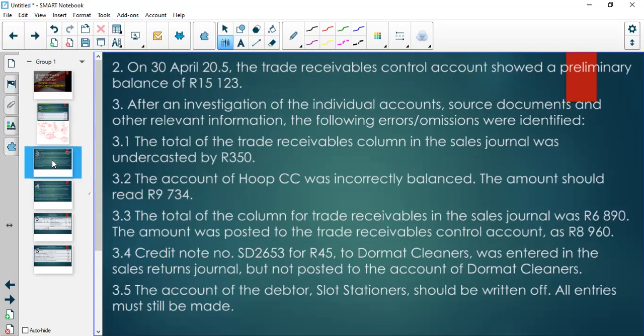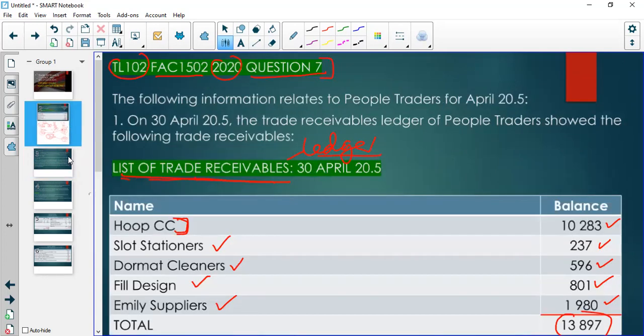Then once we have a corrected trade receivables control, we can now correct the individuals, right? So that correction of individuals is done in a reconciliation. So we reconcile with a correct account, with the correct amount in the general ledger, right? I hope that does make sense. So let's see if we can do that.